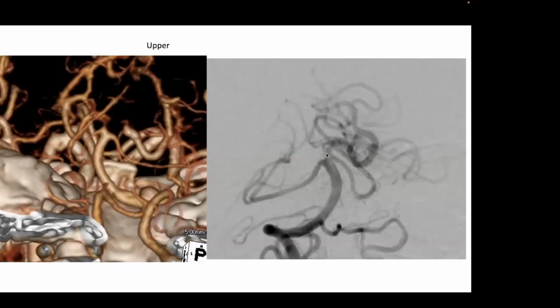This is an example on digital subtraction angiography of a posterior cerebral occlusion. This is the superior cerebellar artery on this side, and here you see the posterior cerebral on the other side. And here, this is superior cerebellar, and this is probably thrombus sitting in the orifice of the posterior cerebral artery.